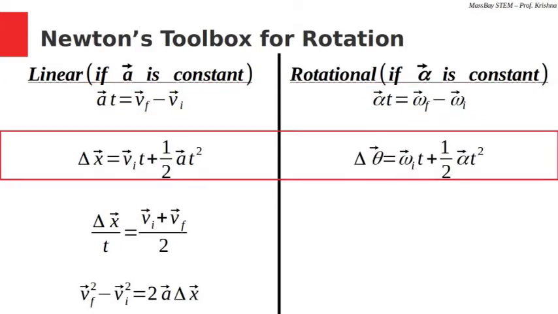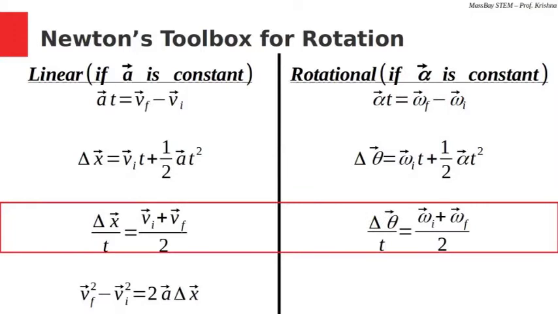The second rotational toolbox equation states that the angle swept out by a rotating object equals its initial angular velocity times time plus half angular acceleration times time squared. Again, very similar in structure to its linear counterpart.